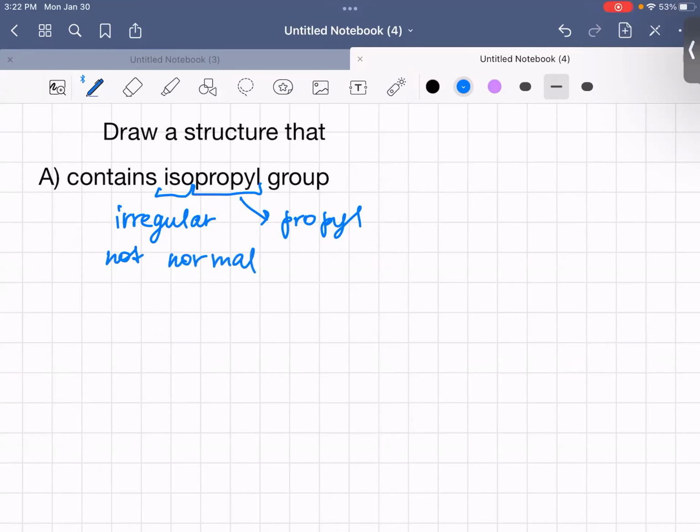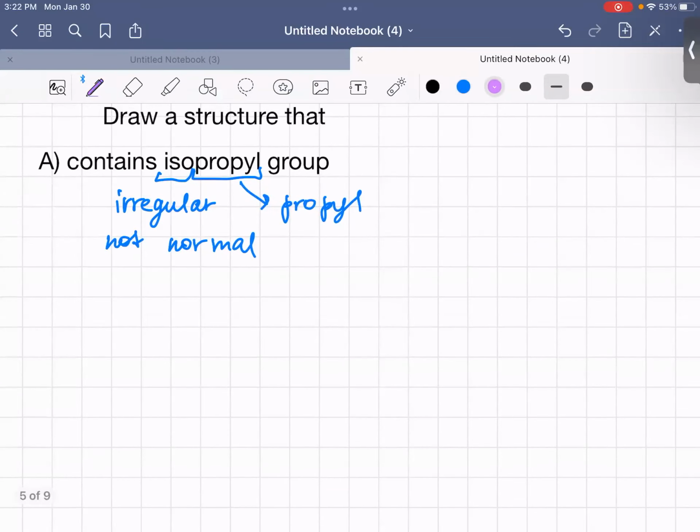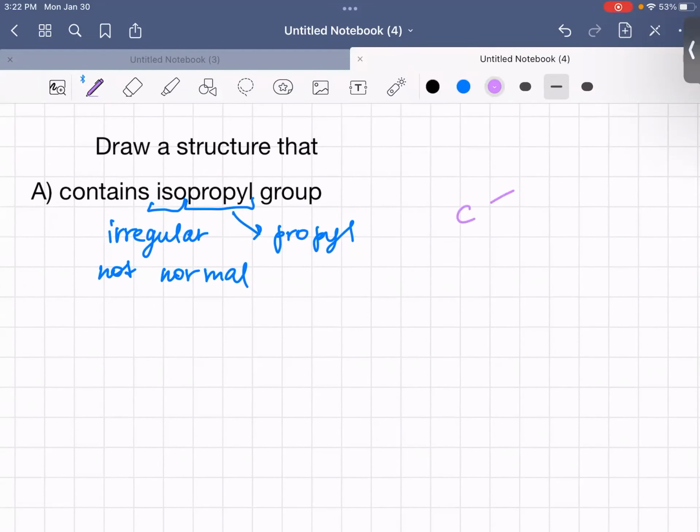Because normal propyl is just called propyl, or sometimes it's called N-propyl for normal propyl. So it's some sort of irregular propyl, and what it is, it's actually just a propyl that has the carbon chain or the rest molecule attached to the central carbon.